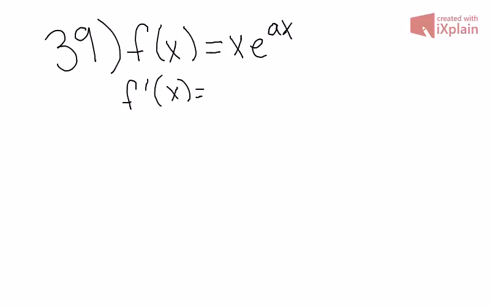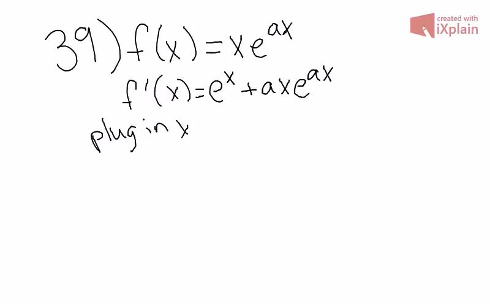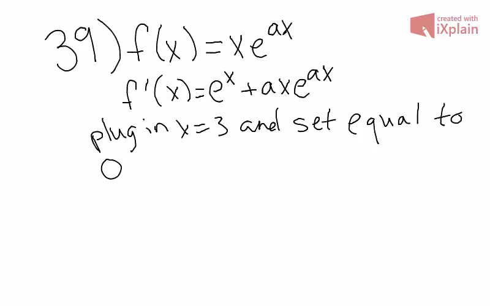So we can go ahead and take the derivative and set that equal to 0, but then we want to plug in 3 for x, because we're basically saying, what a value would make it to where we have a critical point at x equals 3. If that's what we want, then we plug in x equals 3 and set the whole equation equal to 0. So I do that right here.